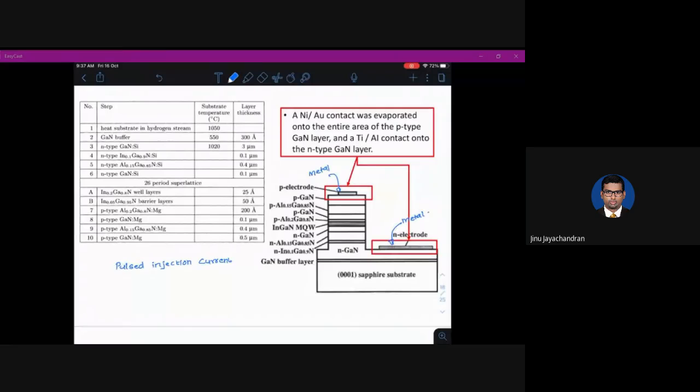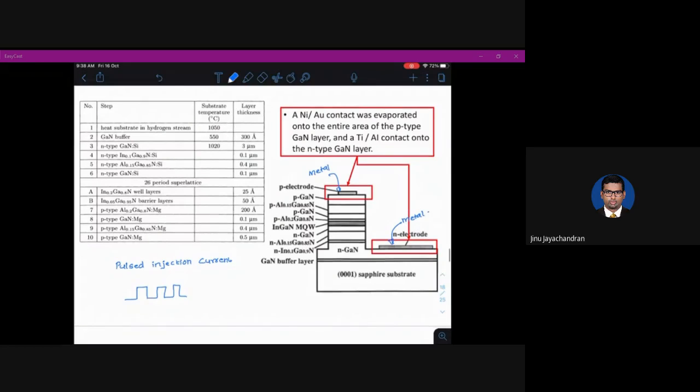Instead, you will be turning on the current for some time, turning it off, turning it on again, turning it off. So it will be a pulsed way. Pulse means on, off, and goes like that. So the current supplied will be in this form so that you will get the proper stimulated emission and you will have the laser action.